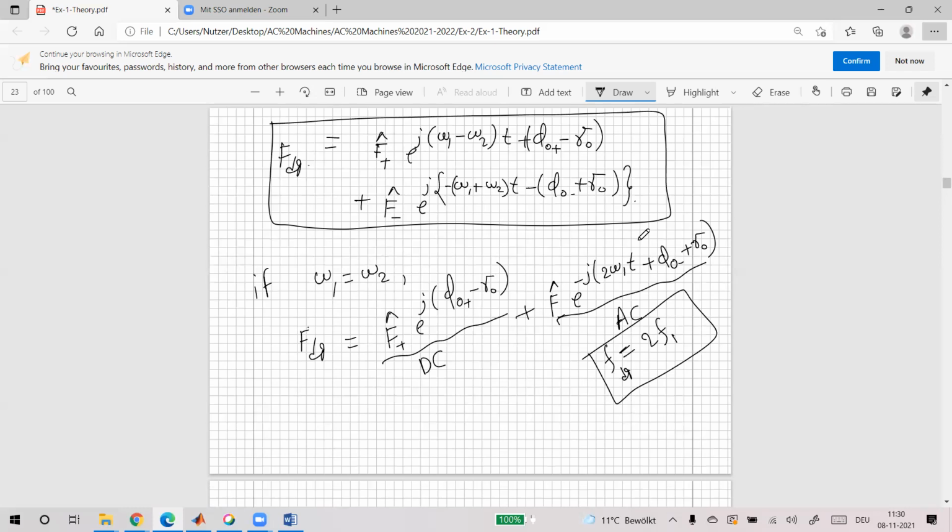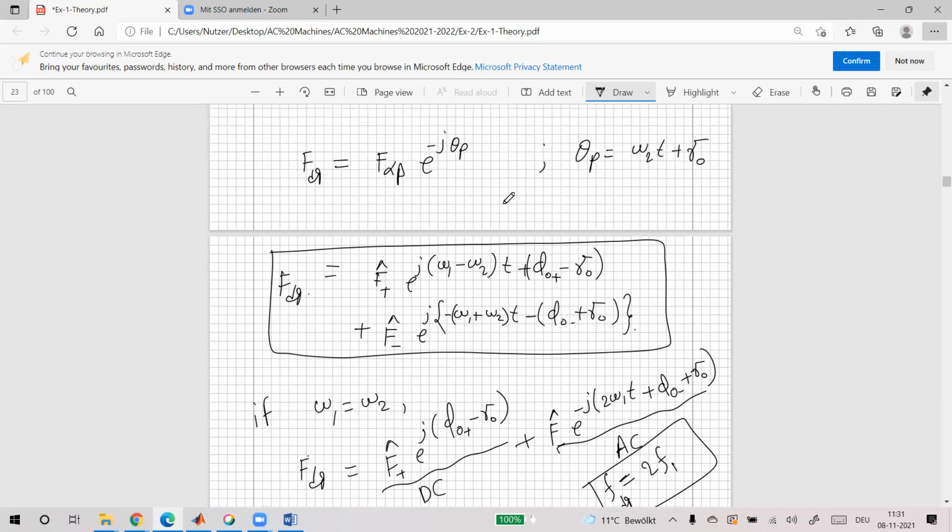Is the negative sequence minus F minus cap, exponential j into bracket minus W1 plus or minus W2 t? I want to clarify for the negative sequence, for the Euler part, is it minus into bracket W1 plus W2, or is it minus W1 minus W2 t?